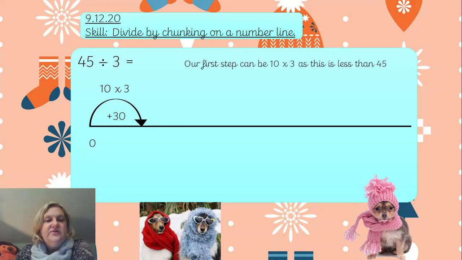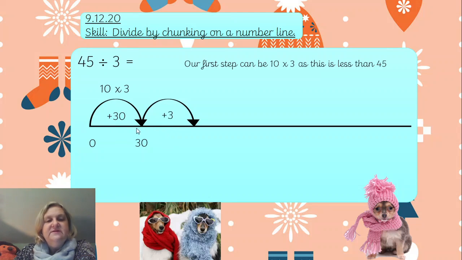Okay, 30 we're adding on, so our number line at the bottom is going to jump to 30 in one leap, instead of doing all those individual jumps. Because we know this fact, then we write 10 lots of 3 at the top. That's really important that we remember this is 10 lots of 3.